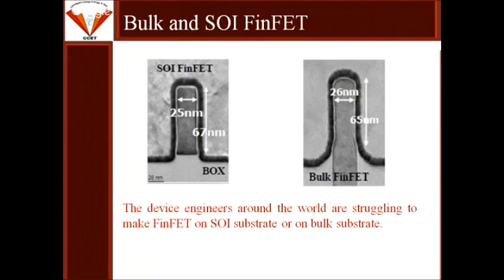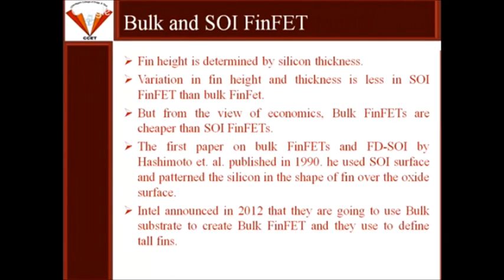Device engineers around the world are struggling to make FinFET on SOI substrate or on bulk substrate. Fin height is basically determined by the silicon thickness, so variation in the fin height and thickness is less in SOI FinFET than bulk FinFET. That is clear from the figure. But from the view of economics, bulk FinFET is cheaper than SOI FinFET.